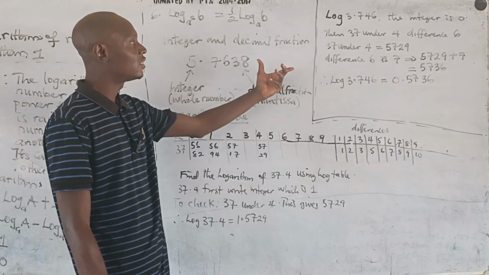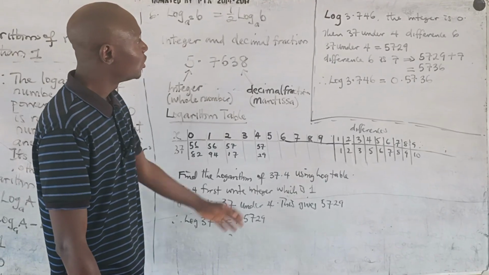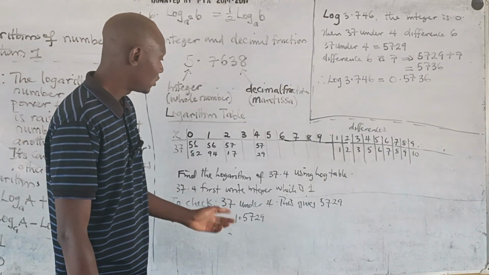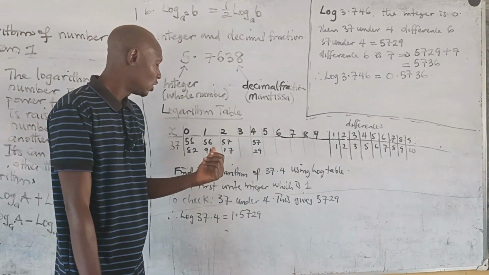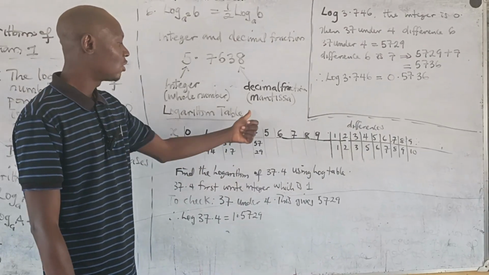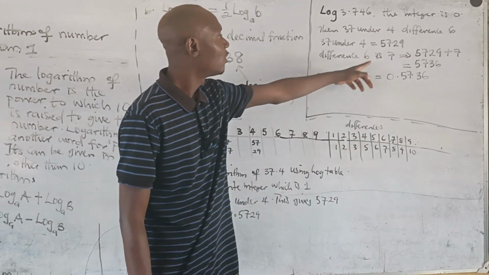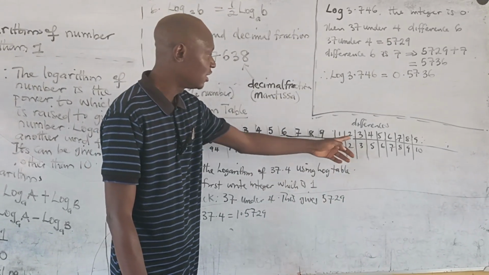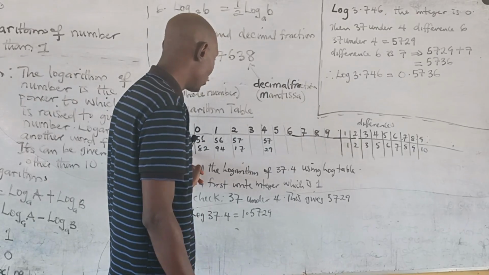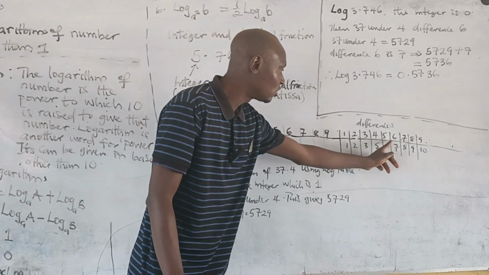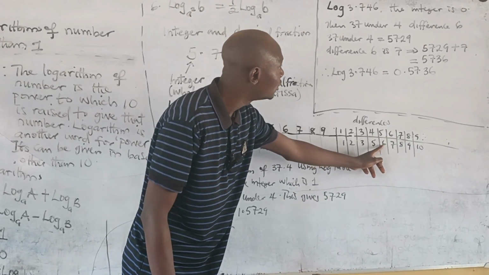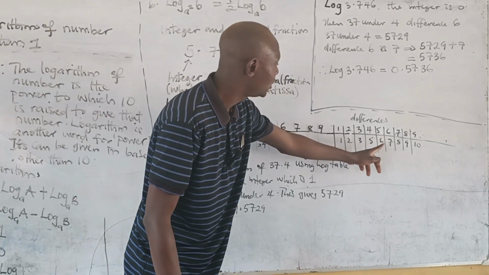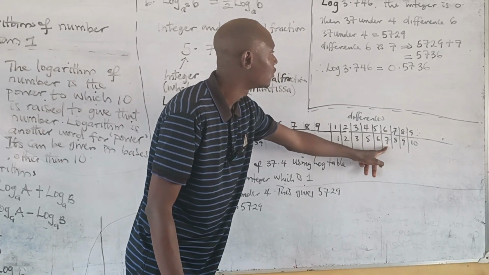So to check this in a log table, we are going to check 37 under 4, which we have as 5729. Then difference 6. We trace it to difference 6, and for difference 6 we have 7.